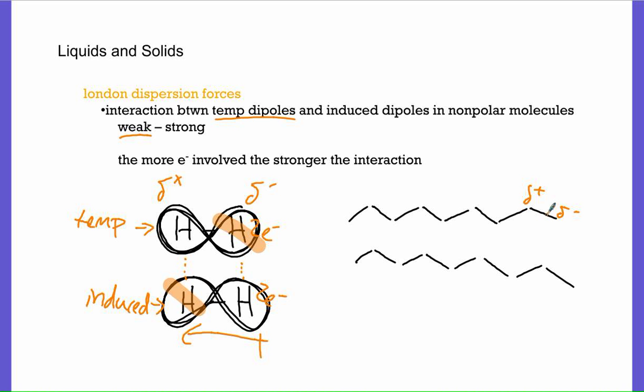But since this is positive, this has to be negative, and it just keeps alternating all the way up and down. Oops, I'll make that one positive. Negative, positive, negative, positive, negative. And because it's close to the other molecule, it's going to influence the other molecule. As long as this carbon on the end is negative, this one's probably going to end up being positive. This one will end up being negative, positive, all the way up and down.